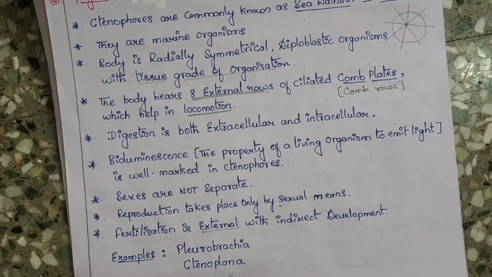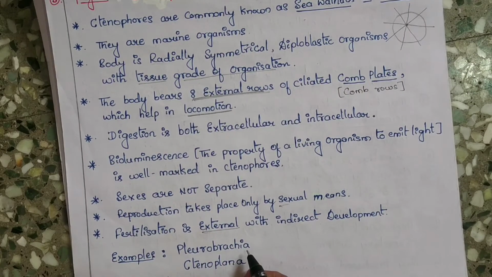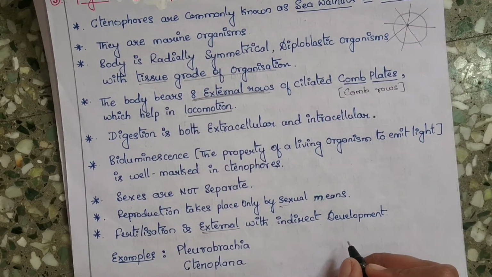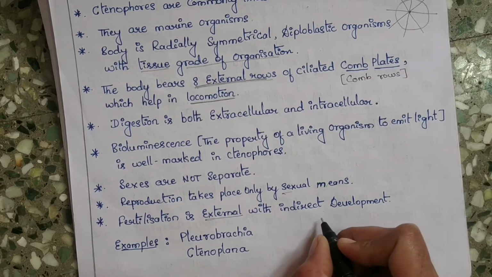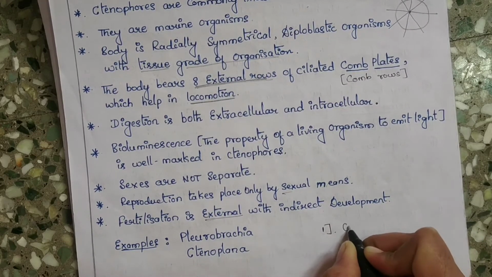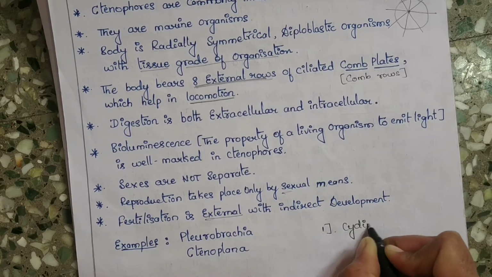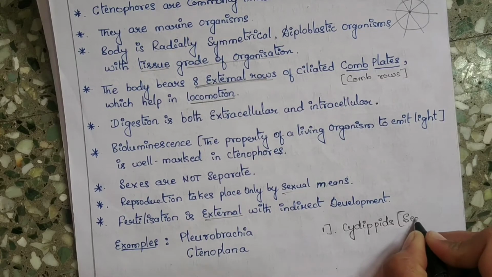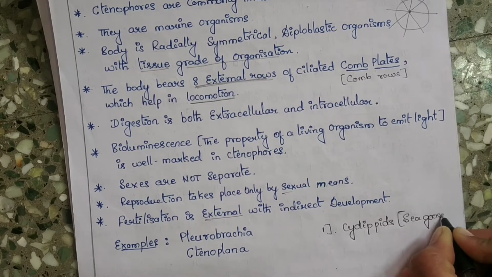Examples are Pleurobrachia and Ctenoplana. One more point I would like to add is that these are divided into 3 orders. The first one is Cydippida, which are called sea gooseberries.